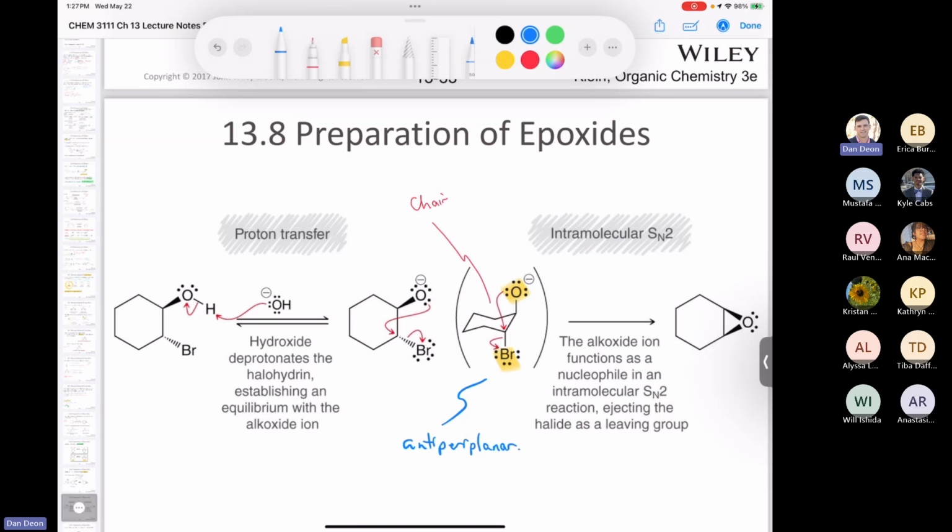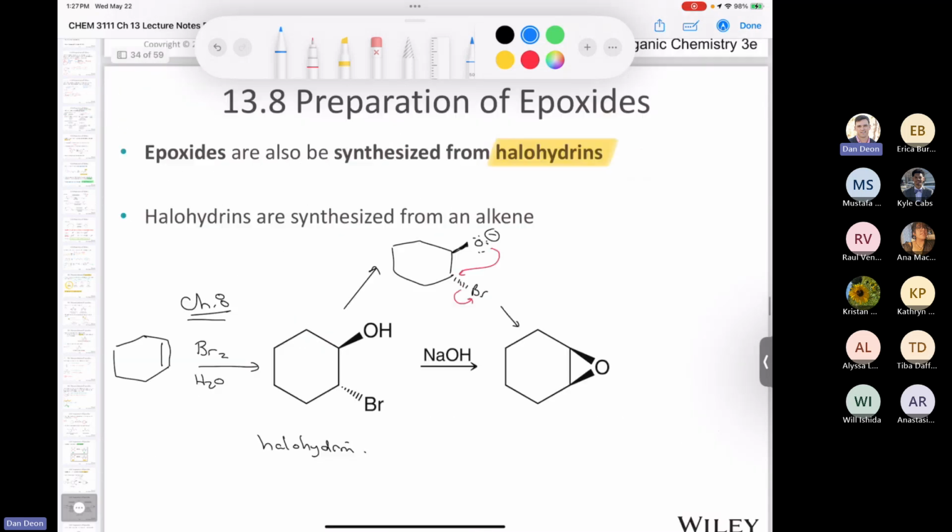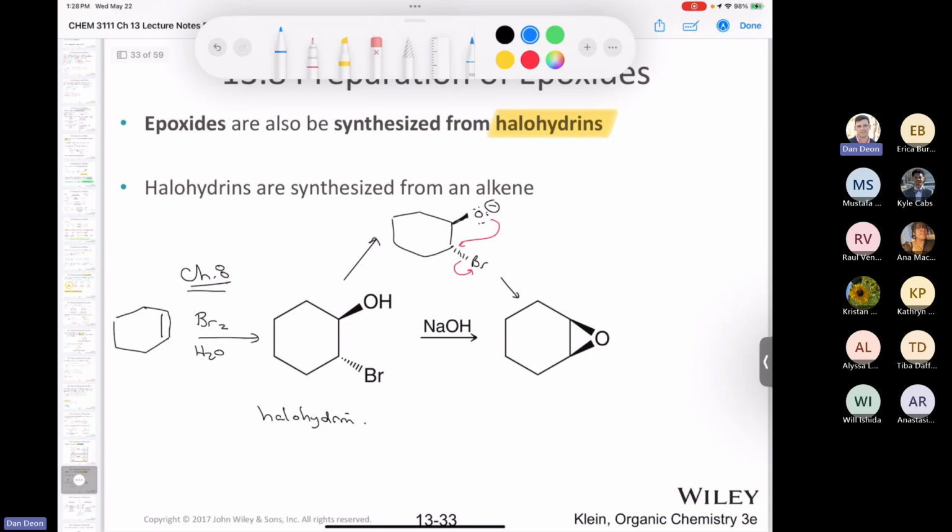So that means they both have to be in the axial position. So we could put here the alkoxide and leaving group must be axial. They both have to be axial, or this reaction doesn't work. Is that neat or what? Okay. So again, what's the overall process? It's if you take an alkene and in step 1 you treat it with bromine and water, and then in step 2 you treat it with sodium hydroxide.